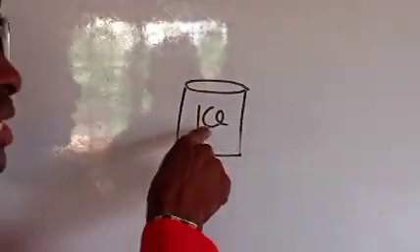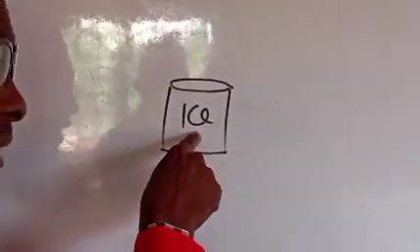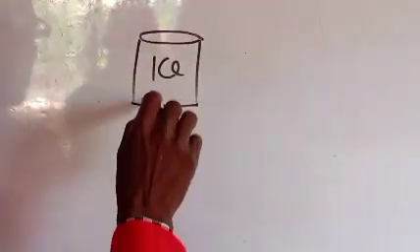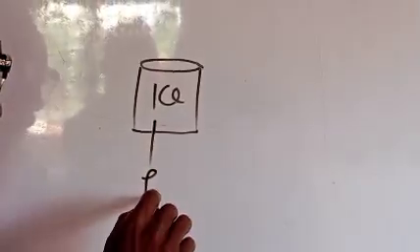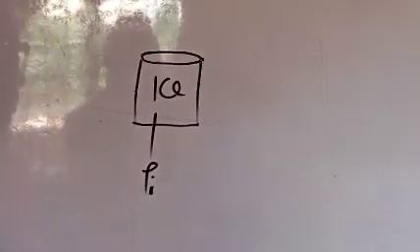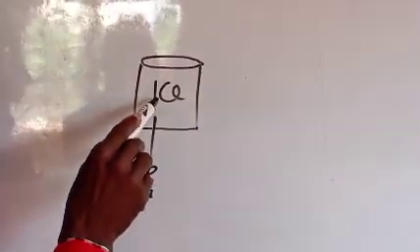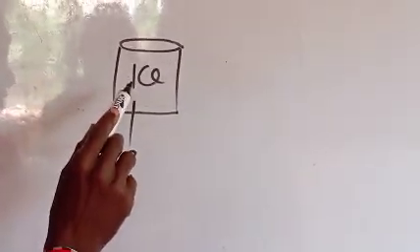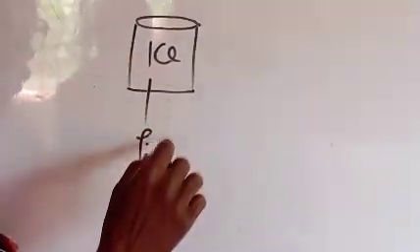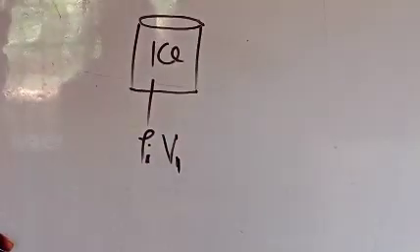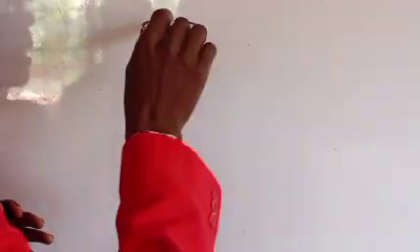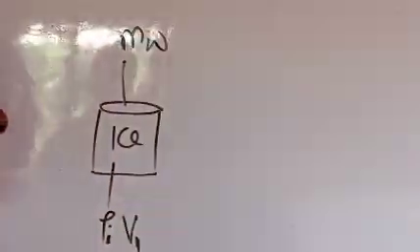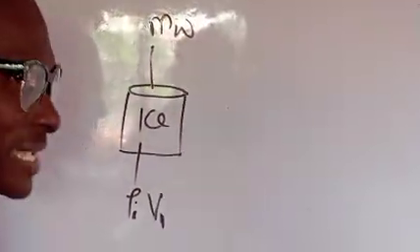When this water gets melted, the density of ice, you know that in ice state, density what? Decreases. In solid state, the volume increases. And remember, the mass here is the same. It's the same mass of water, whether solid or liquid.